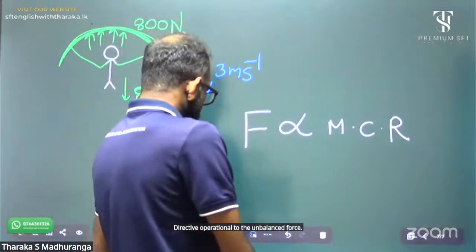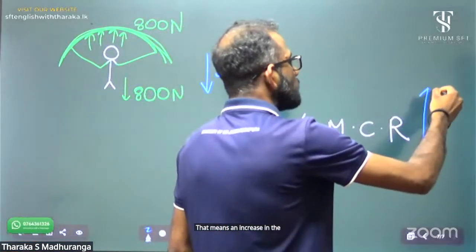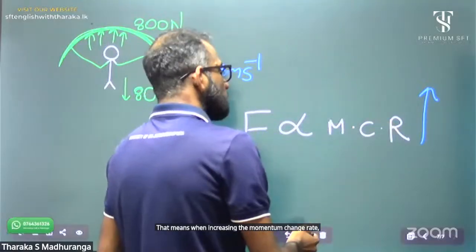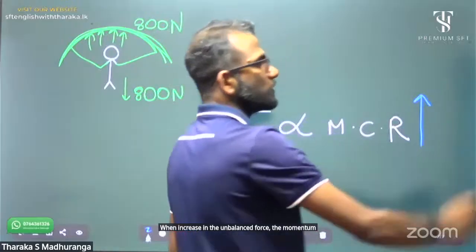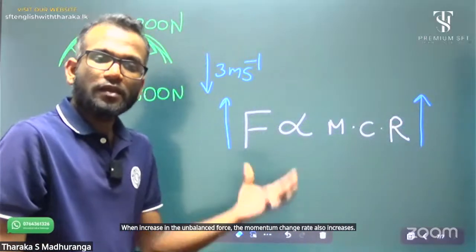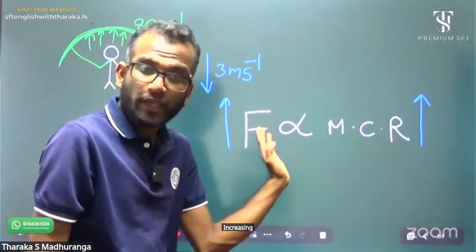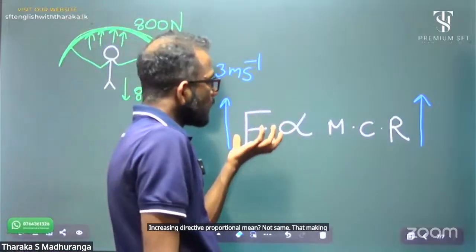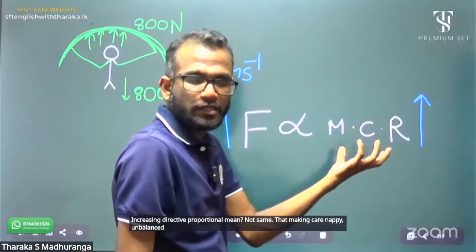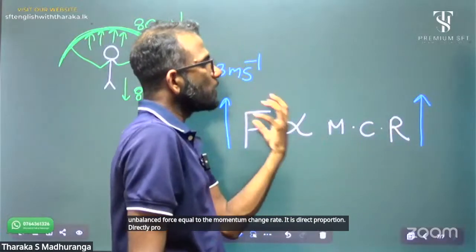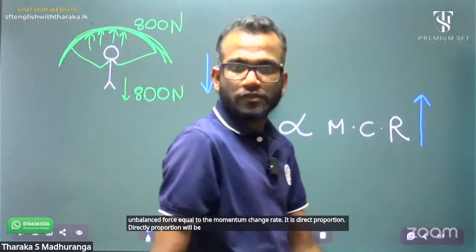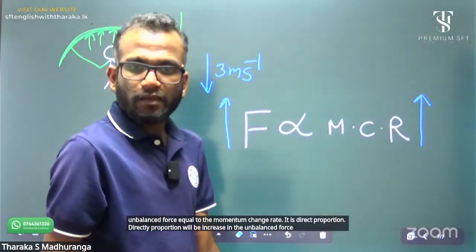That means when increasing the unbalanced force, the momentum change rate also increases. Directly proportional does not mean the same.